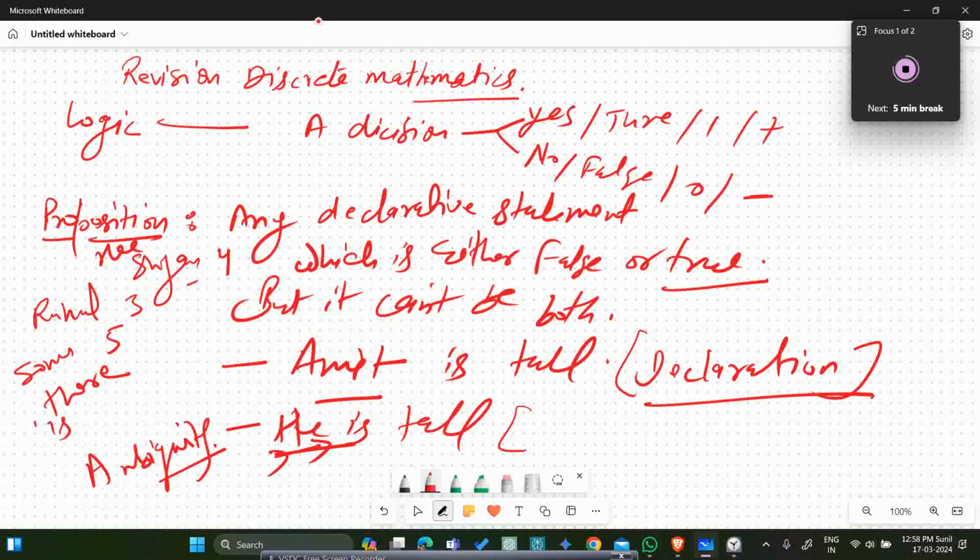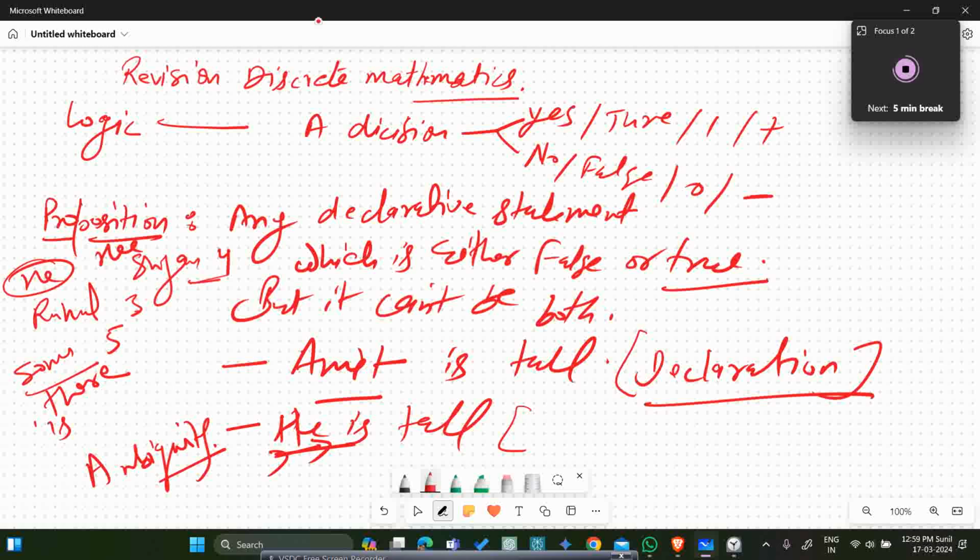So Syam is tall. Yes, Syam is tall in comparison to Rahul. But if I am saying he for Rahul, then Rahul is not tall in comparison to both Syam and Sonu. So this is false here, yes.